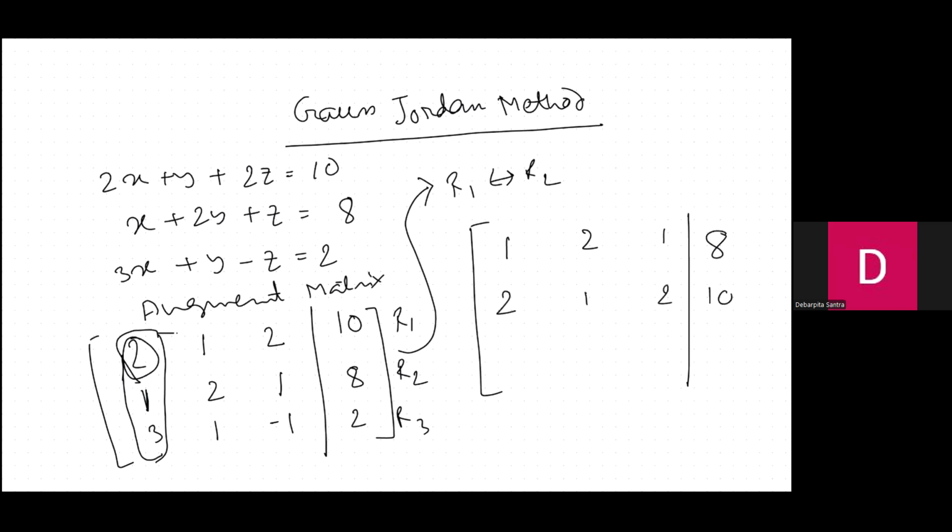And 3, 1, minus 1, the third row, remains unchanged. Now 1 is at the proper place, since we have interchanged R1 and R2. Now we have to make this 2 zero and this 3 zero. Then our first column will be complete. Let me write this matrix down freshly.